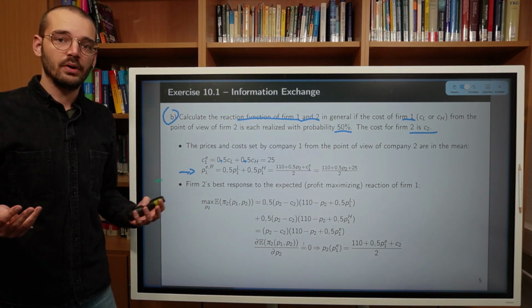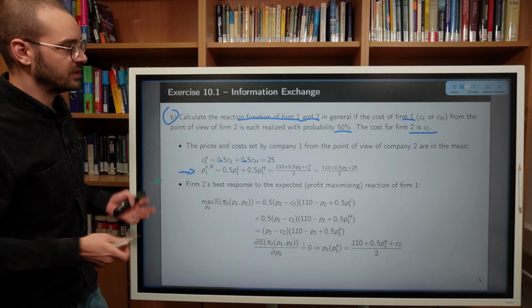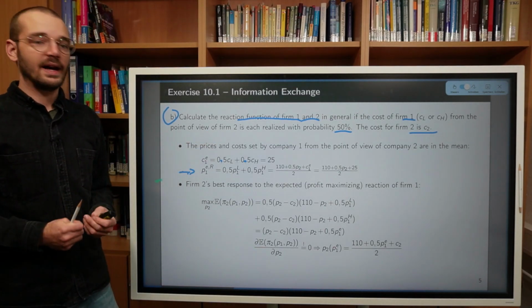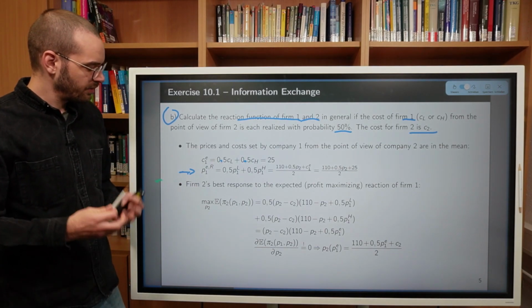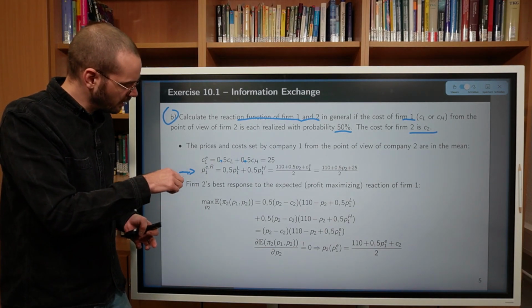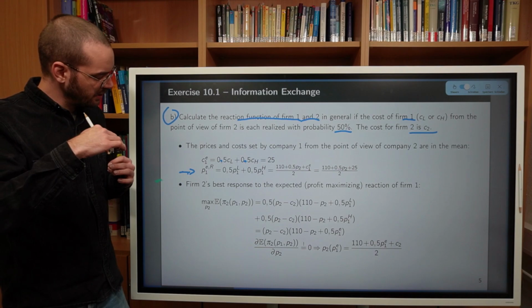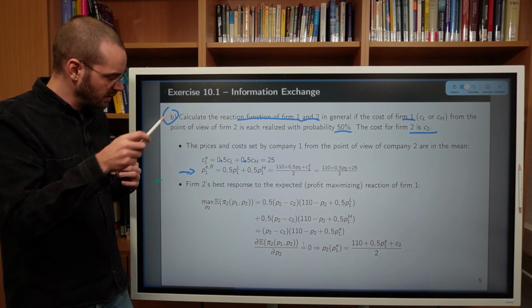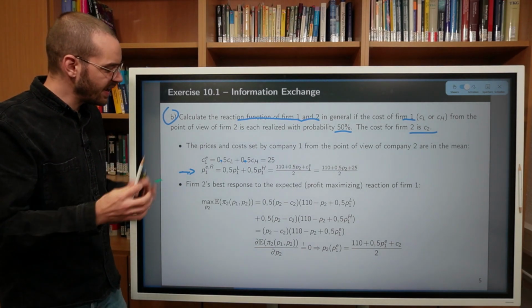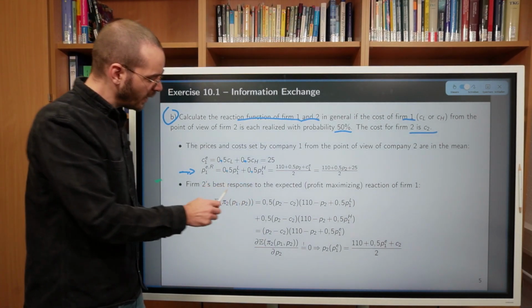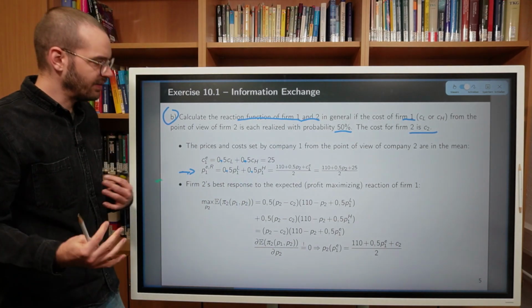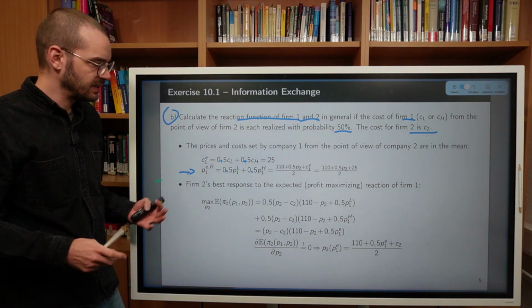Both of these worlds are, from the viewpoint of firm 2, equally likely, which implies that the expected price of firm 1, P1 with a superscript E for expectation, is again the weighted sum or the expected value of both of these prices.